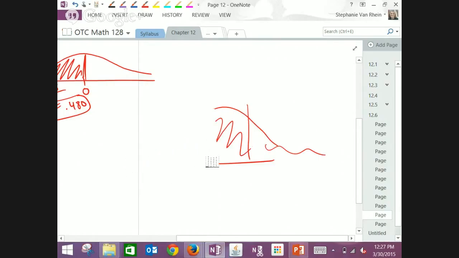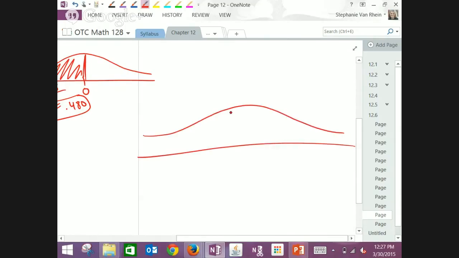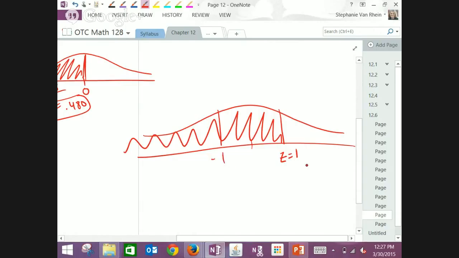The empirical rule only works when you're in between one, two, or three standard deviations, so you miss the little part at the ends. If I say to the left of a z-score of 1, I can't use the empirical rule because this is really only a standard deviation of -1 to 1.